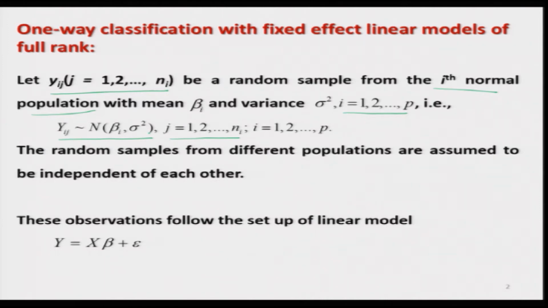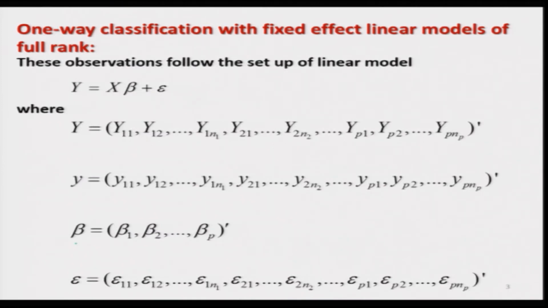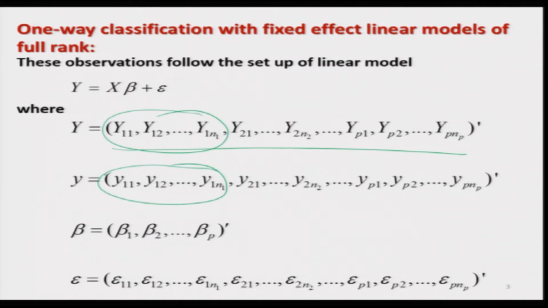They are expressed in the framework of y equal to X beta plus epsilon, where you can see that y is a vector in which the first n 1 values are the values corresponding to the first sample, the second set of n 2 values are from the second sample, and the last n p values are the observations from the normal population with mean beta p.